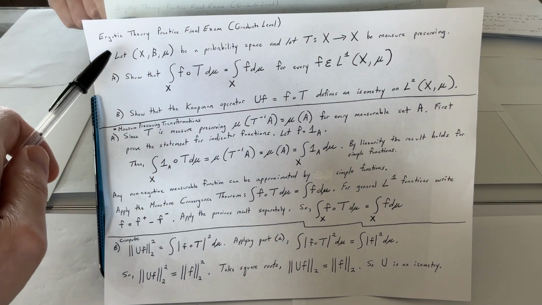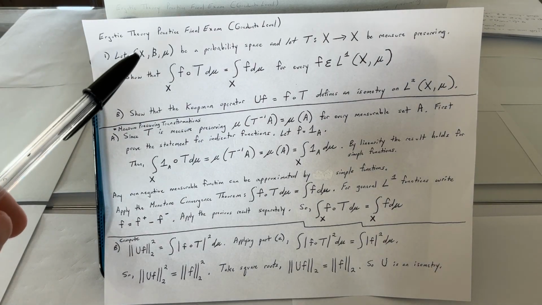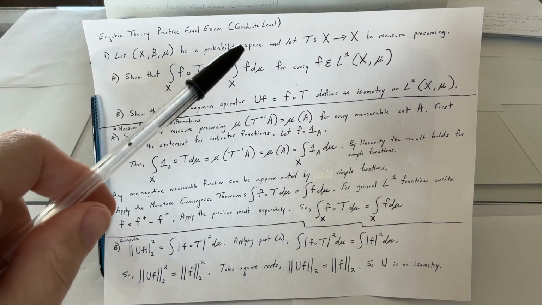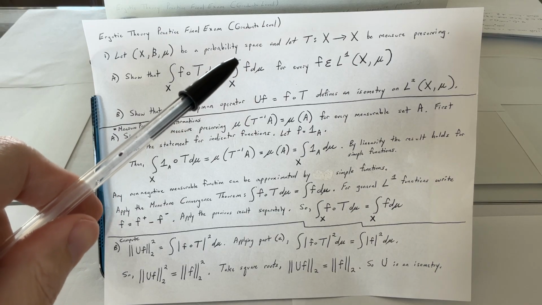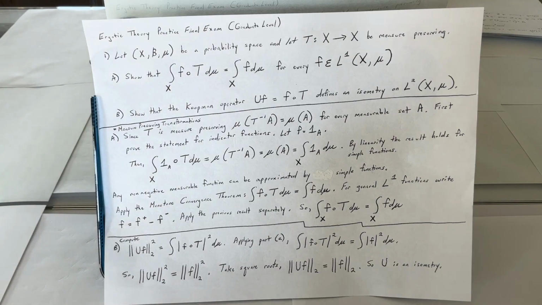Okay, so we have an ergodic theory practice final exam. Let's begin. Number one, let (X, B, mu) be a probability space, and let T map X into X be measure preserving.